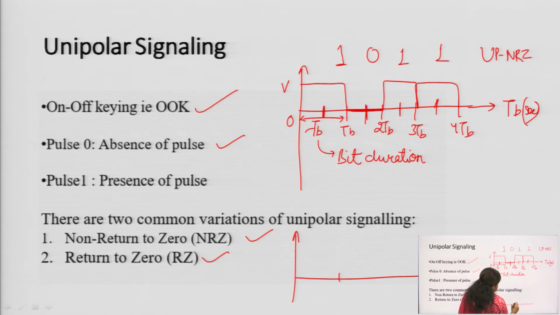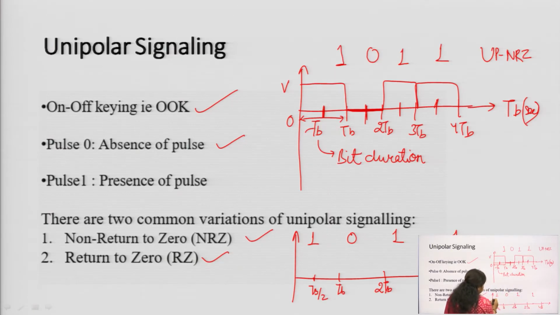And if I want to draw the unipolar return to 0 for the same data, then how am I going to draw it? This is for 1, this is for 0, this is for 1 and 1. This is TB by 2, this is TB, this is 2 TB, this is 3 TB and this will be 4 TB.